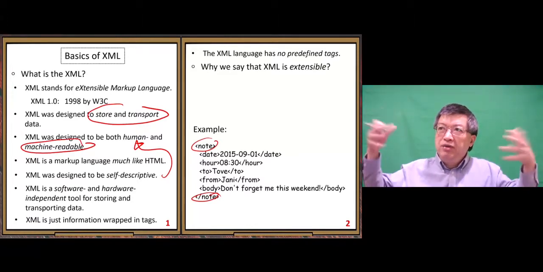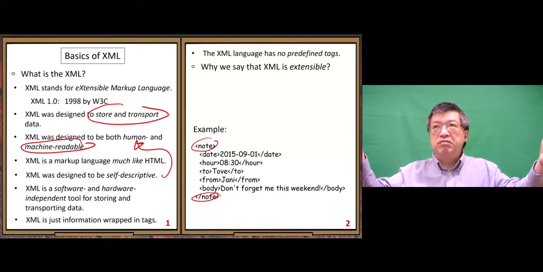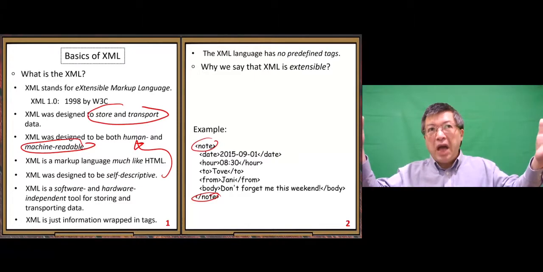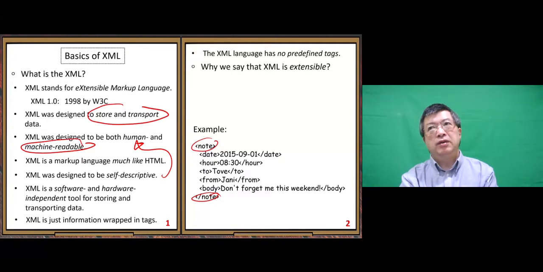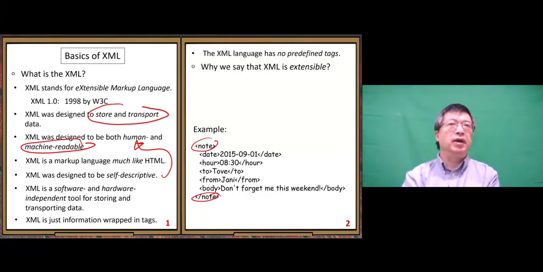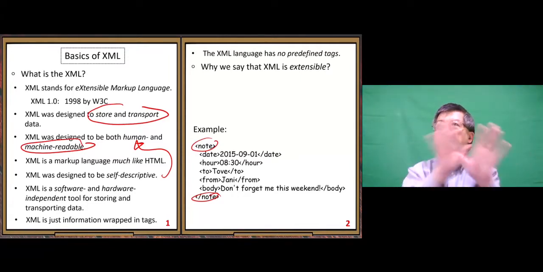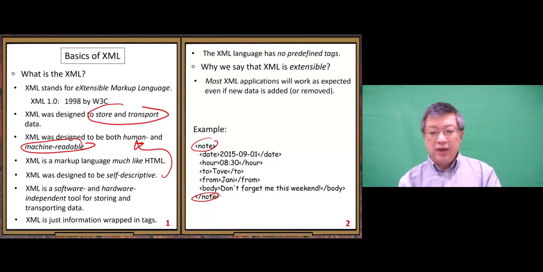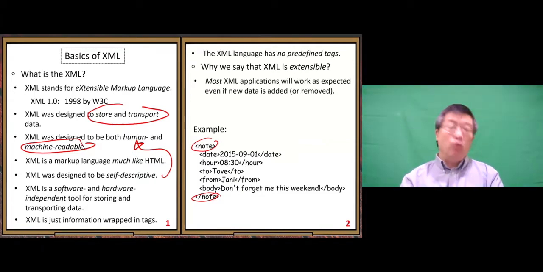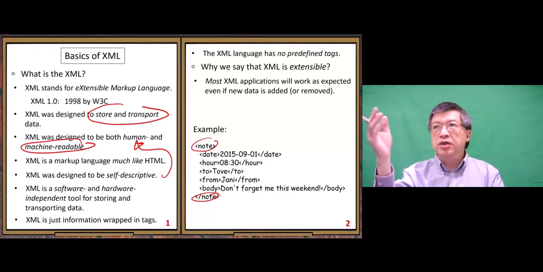When you develop a new version of a software application, can you still handle the data of the older versions? You should, so we need that kind of backward compatibility. XML is very friendly for backward compatibility. Why is that? The idea is very simple. Why can it support backward compatibility so well?